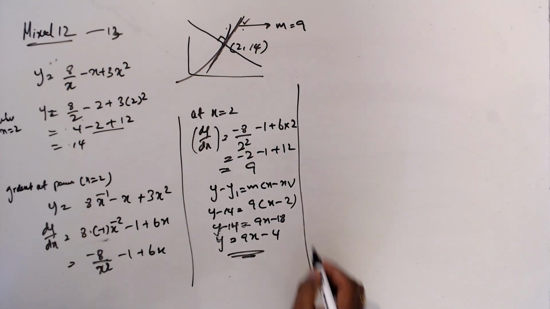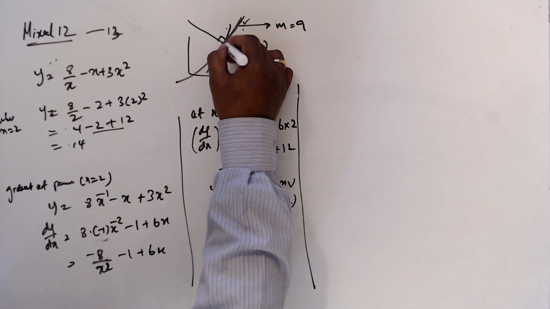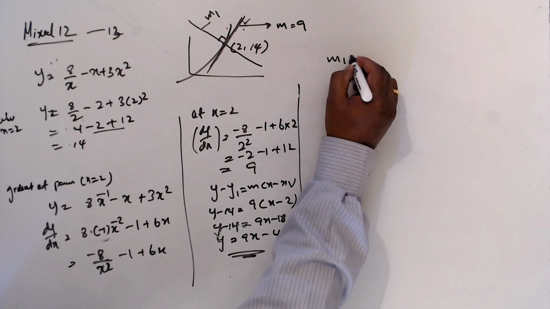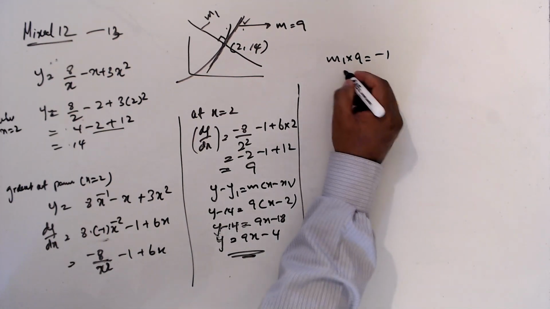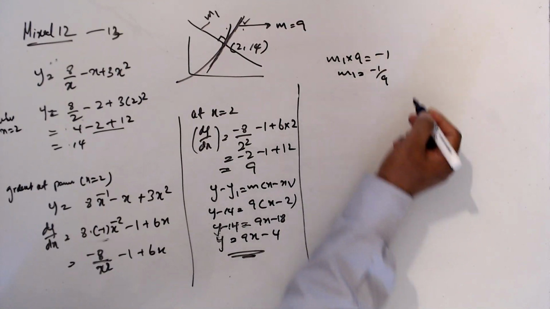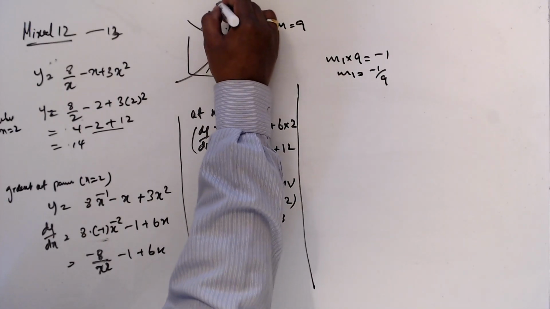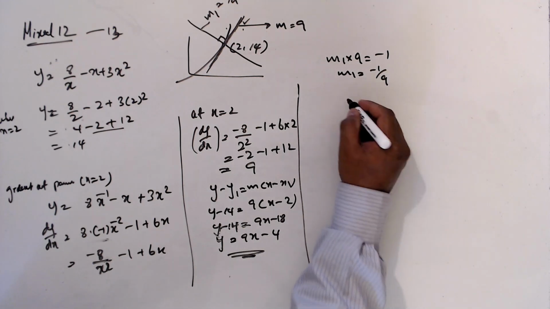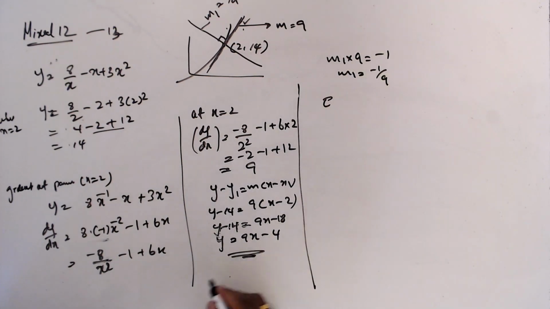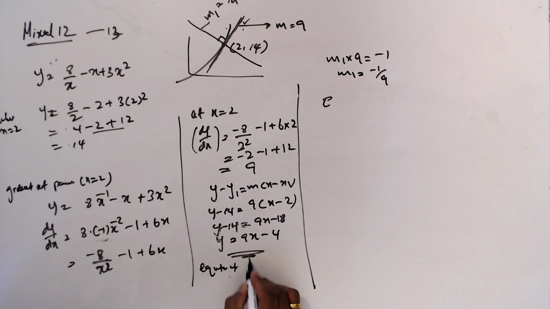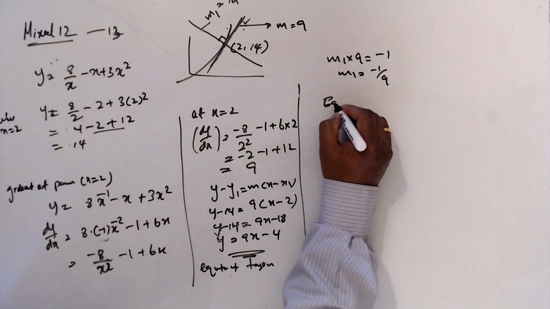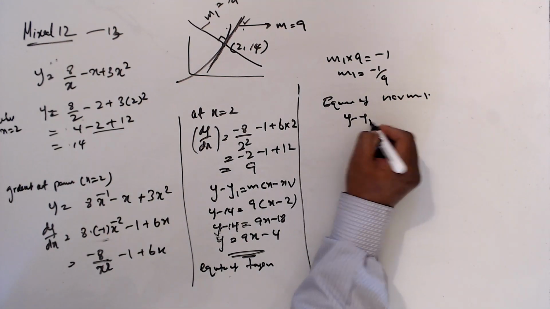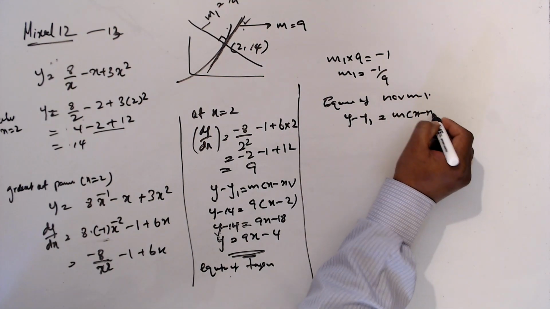Now we need the normal equation. 90 degrees one. If I take m1, so we know that m1 times 9 equal minus 1. m1 equal minus 1 over 9. So we know this gradient now, minus 1 over 9. Again, this is the equation of tangent. So equation of normal: y minus y1 equal m times x minus x1.